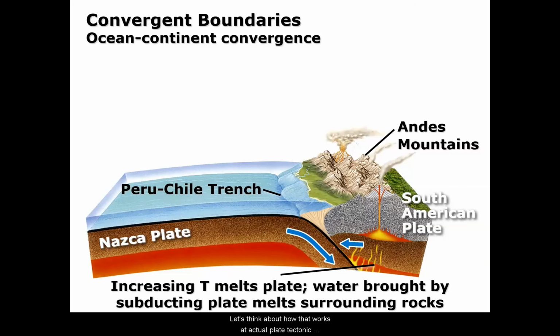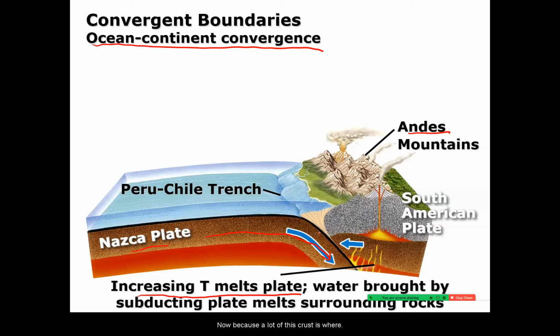Let's think about how that works at actual plate tectonic boundaries. At an ocean-continent convergent boundary, like the Nazca Plate subducting under the western coast of South America at the Andes Mountains, as that oceanic plate subducts, it's getting hotter. It's increasing the temperature and it's melting.